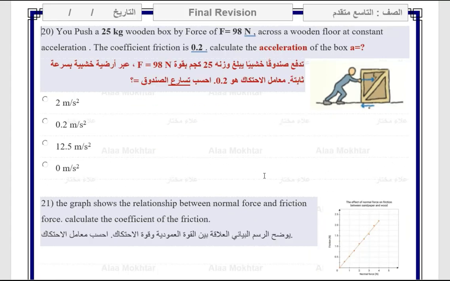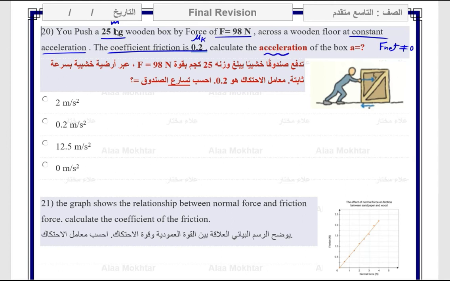Question number 20. You push a 25 kilogram, its mass, wooden box with a force, this is your force, 98 Newton, across a wooden floor at a constant acceleration, so F net is not equal to 0. The coefficient of kinetic friction, mu k, is 0.2.